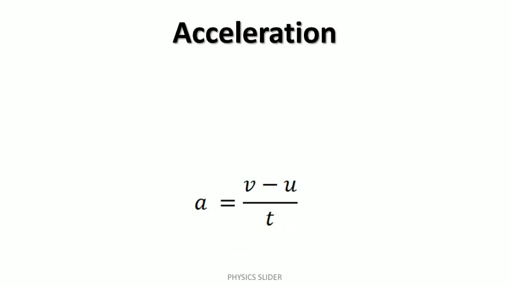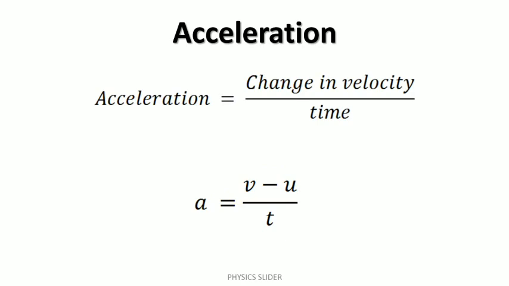Watch here, this is v minus u, which means the change in velocity, the difference in velocity. So we will write it as change in velocity. So we can say that acceleration is equal to change in velocity upon time. Whenever a quantity is divided by time, the quantity becomes its rate.